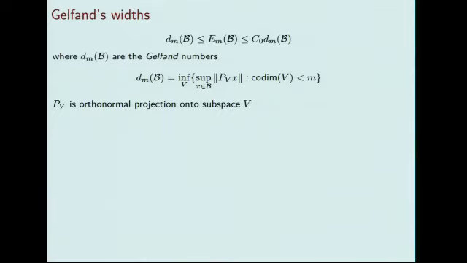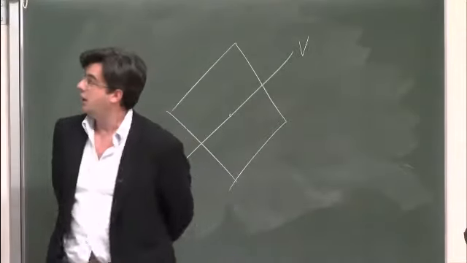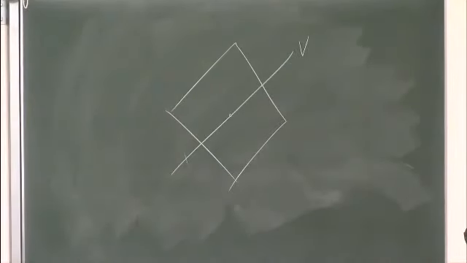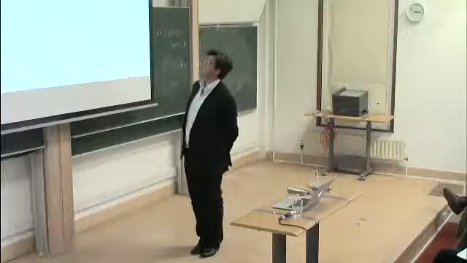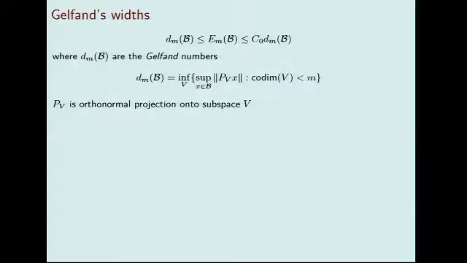So P_V is the orthonormal projection onto the subspace V, and you're trying to find a subspace V such that the orthogonal projection is minimum. That's called the Gelfand numbers, and it's known that essentially the numbers we're looking for are more or less the Gelfand numbers.